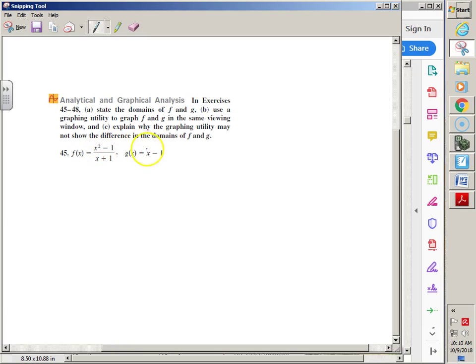But wait a minute, why are they so stinking similar when you graph them? What happens when you factor and reduce this guy? Oh, this guy is that guy. The only difference is that there's a hole at -1.